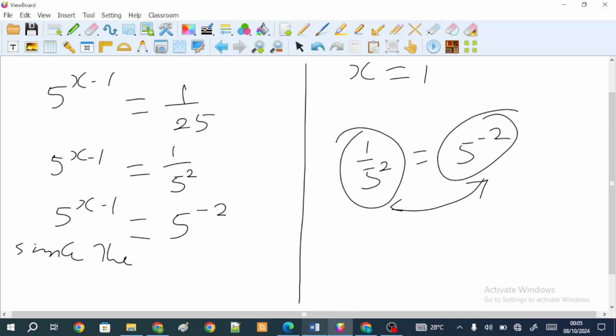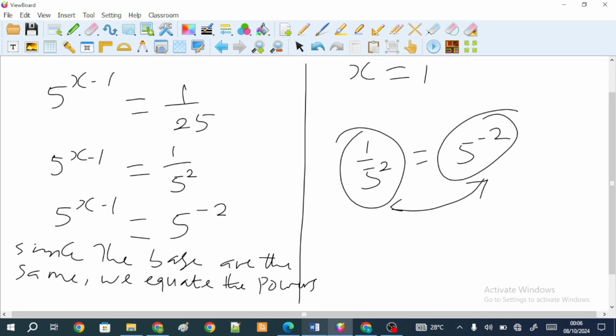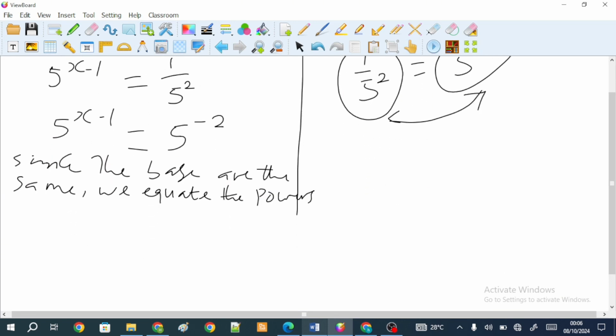Since the bases are the same, we equate the powers. So on the left hand side, the power is x minus 1. On the right hand side, the power is negative 2.